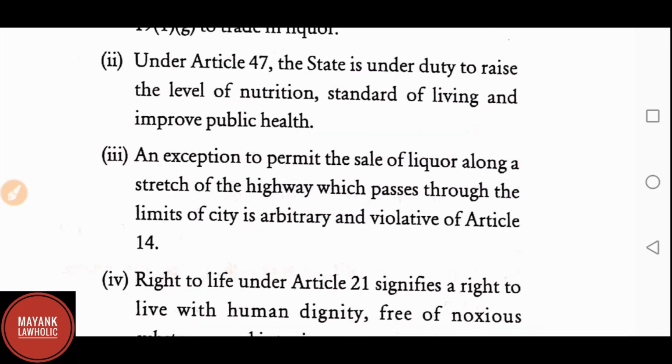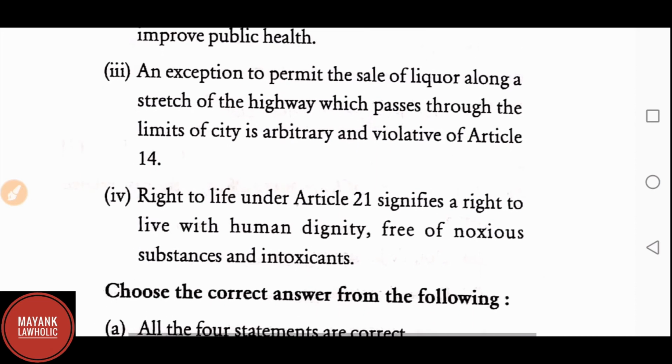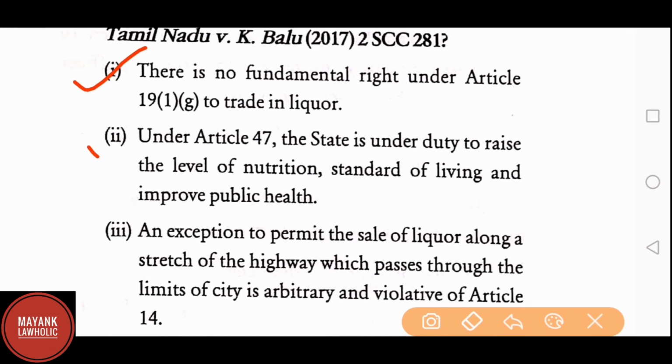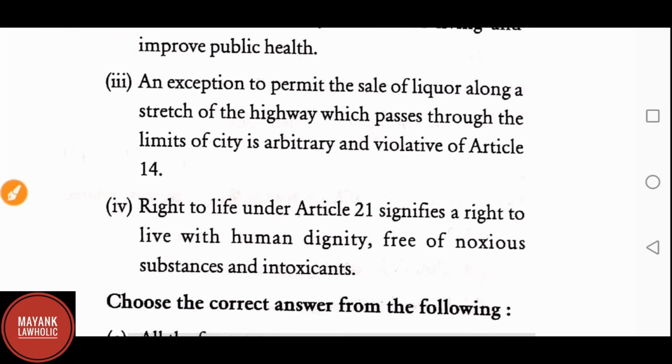An exception to permit the sale of liquor along a stretch of the highway which passes through the limits of a city is arbitrary and violative of Article 14. 4. Right to life under Article 21 signifies a right to live with human dignity free of noxious substances and intoxicants. The correct answer is 1, 2 and 4.